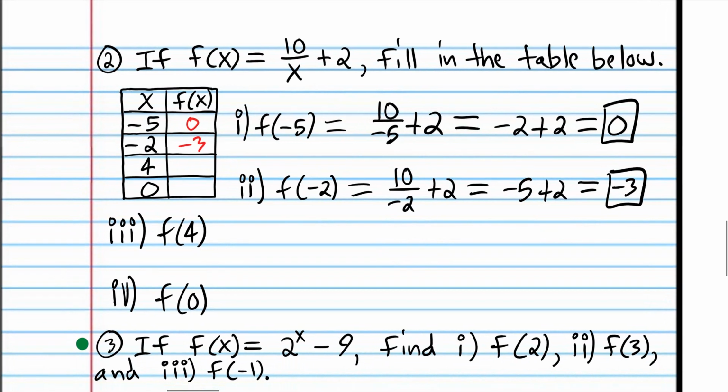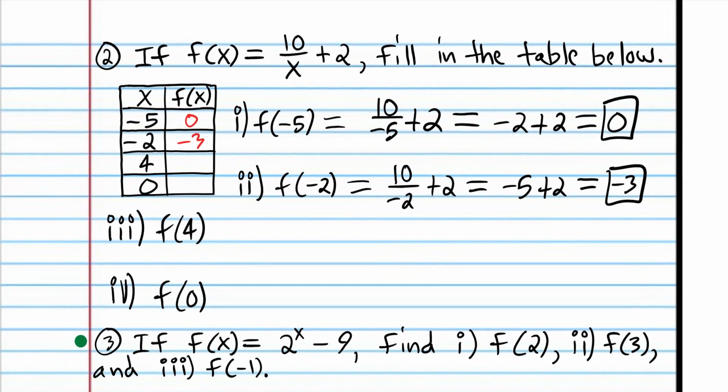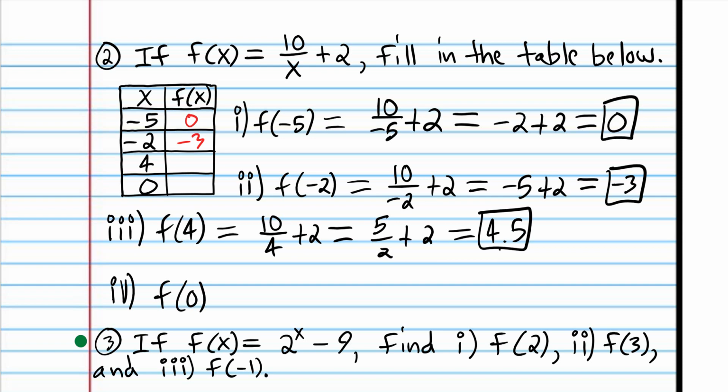Again, this is review for most students who are at this level of mathematics. So now the input is 4, so I'm going to rewrite that expression up there. But instead of x, I'm going to enter 4 because the input is 4. So now we have 5/2 plus 2, which is equal to 4.5. So the output is 4.5 if your input is 4.